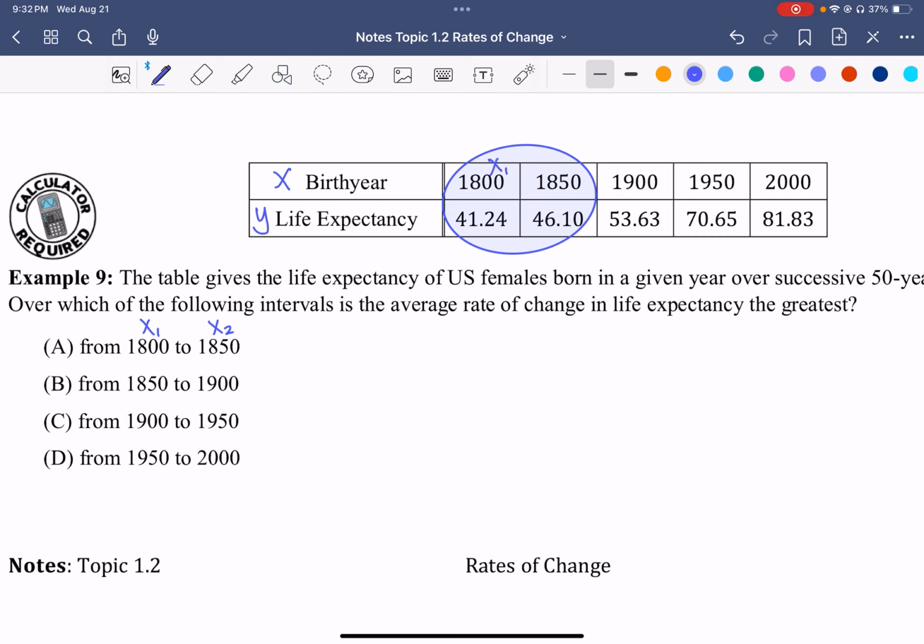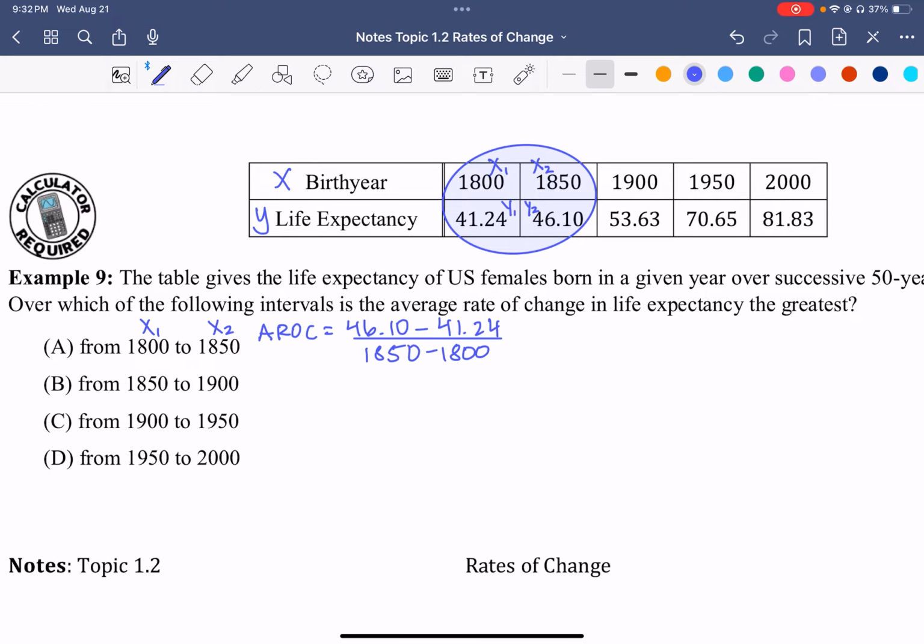So 1800 is x sub 1 and x sub 2, and then this would be y sub 1, y sub 2. To find the average rate of change, I subtract my y values, and then I subtract my x values, which is 1850 minus 1800.